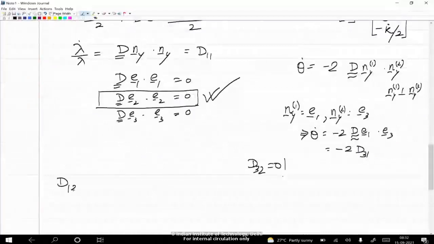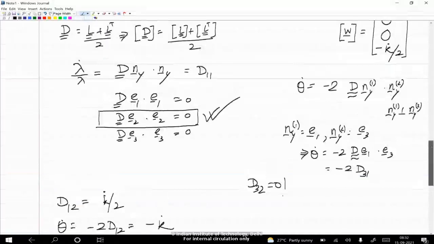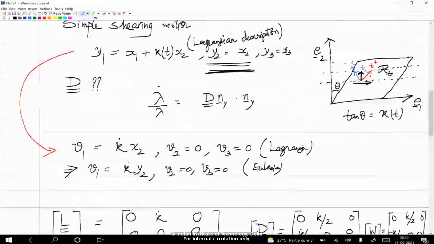So D12 is k dot by 2, but theta dot is negative of 2 times D12, no? And that turns out to be minus k dot. And can you see why it is minus?